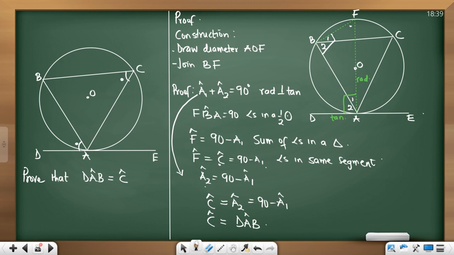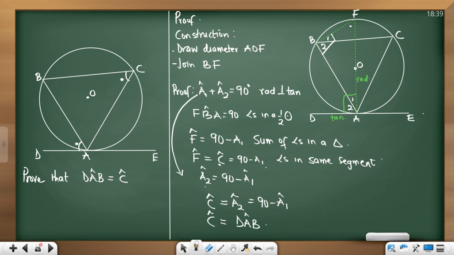This is the approved proof. There are other ways of proving this, but this is our approved proof of the tan-chord. I could do this proof in a different way, but this is our approved theorem. Please take note of that. Tan-chord theorem.